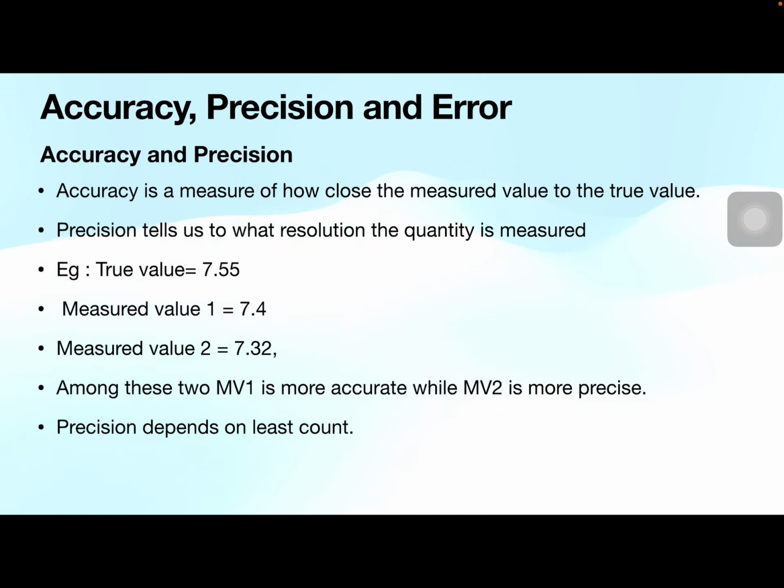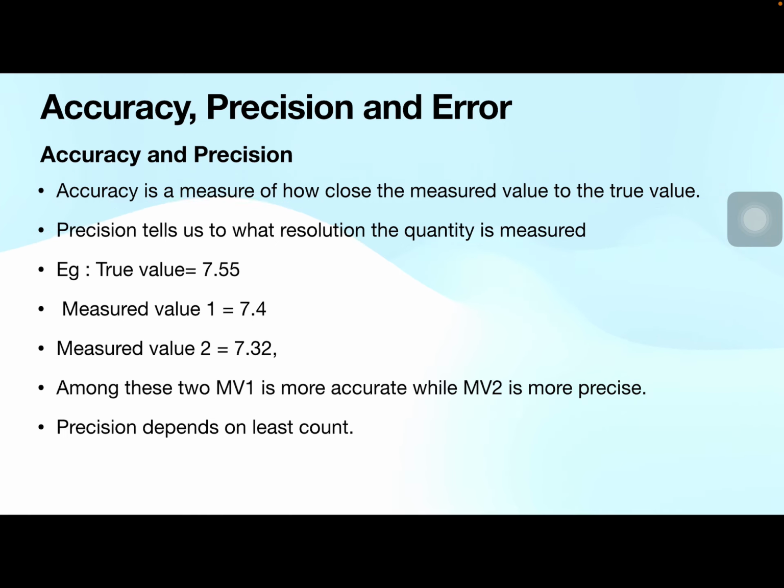In the first case the difference can only be 0.1, 0.2, 0.3, but in the second case the device has differences of 0.01, 0.02, 0.03. So the second measurement is more precise than the first one. Precision depends upon the least count of the instrument.